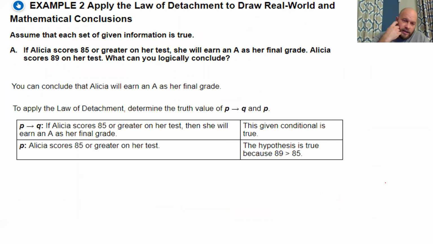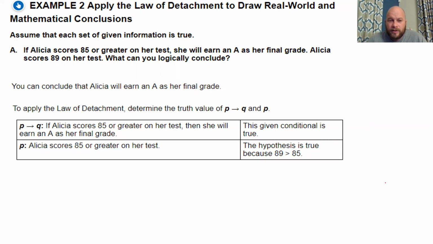Well, again, the if-then statement that they gave us was a true statement. The beginning part was met. The if part said, if Alicia scores 85 or greater on her test. Well, we now know that she did score higher than 85. In fact, she scored an 89.